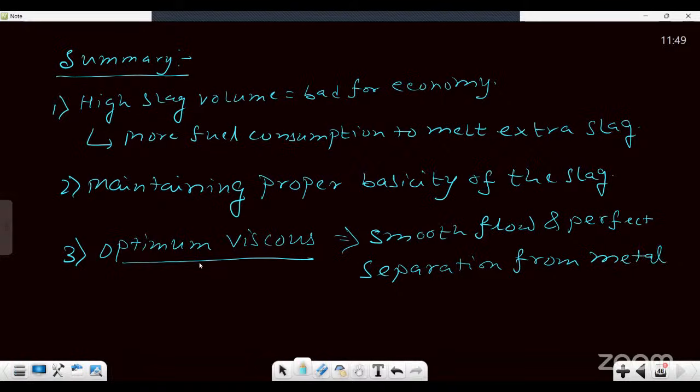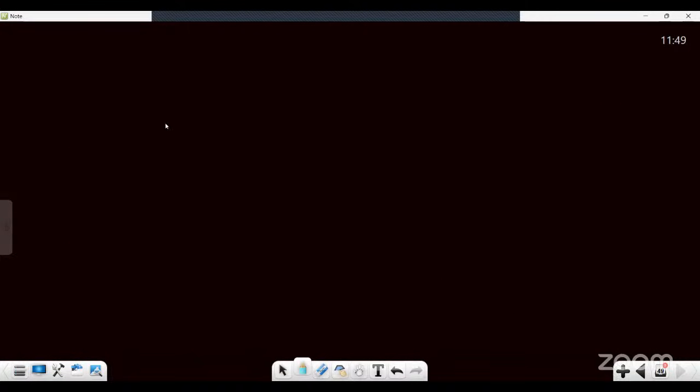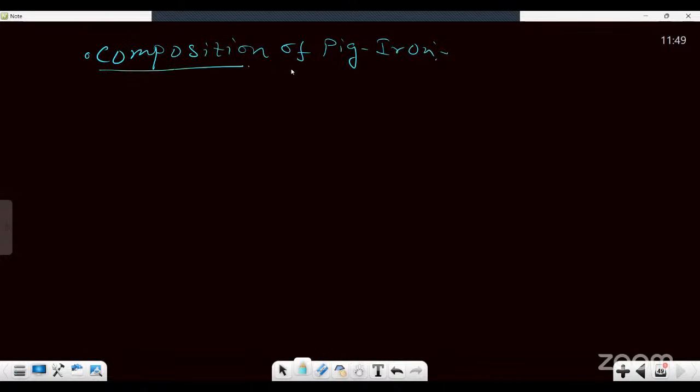Right? Now we talk about the composition of the pig iron. So pig iron means it's crude iron tapped from the blast furnace before refining.